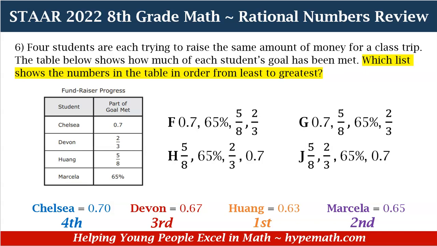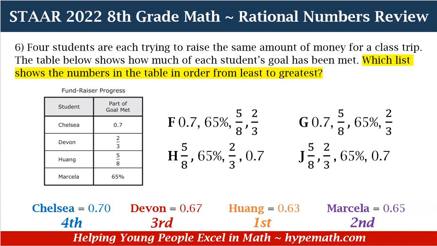The second number will be Marcella with 0.65. Next is Devin with 0.67. He's third. And fourth, with the highest number, is Chelsea with 0.70.